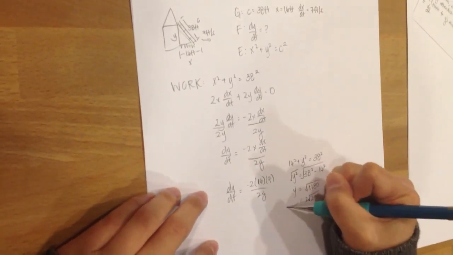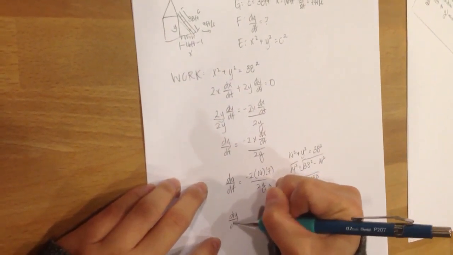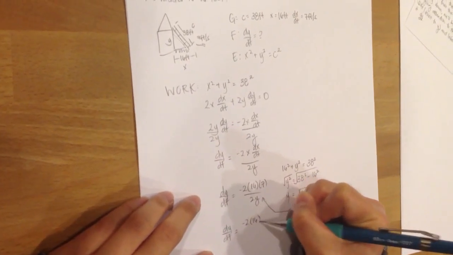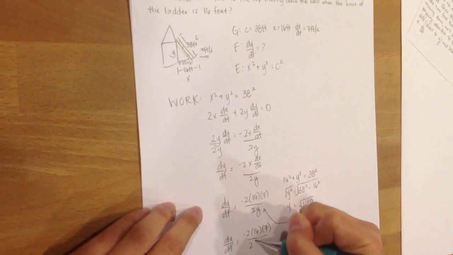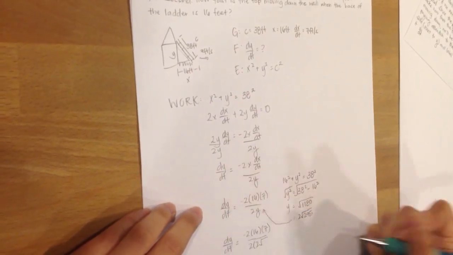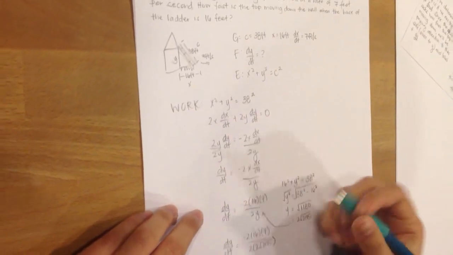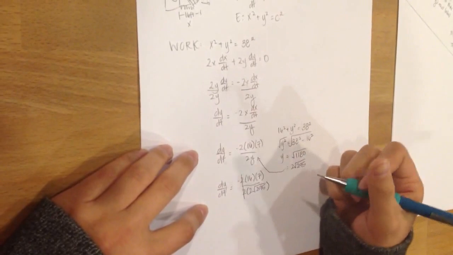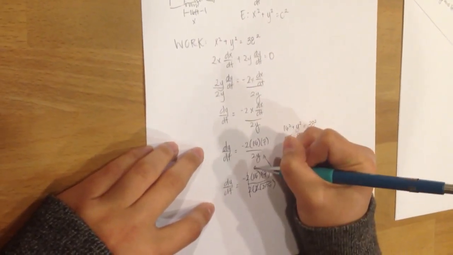Now we can plug it back into our equation. So it becomes dy/dt equals negative 2 times 16 times 7 divided by 2 times 2 times the square root of 295. Here we can cross out the two 2's, and we can simplify 16 over 2 to 8.